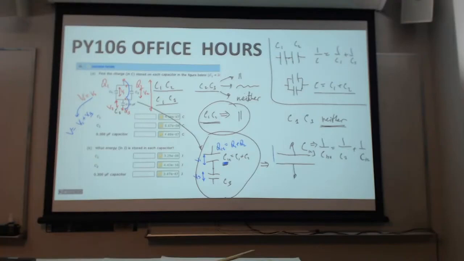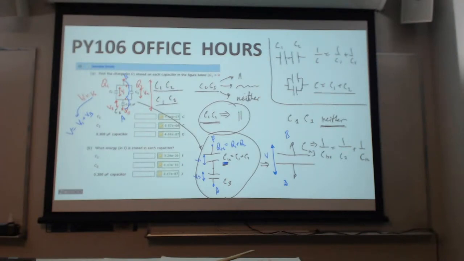And now if you go to this, you have the original voltage across the whole system, because it's between the same original points, A and B. Again, what is voltage? Potential difference between two points.